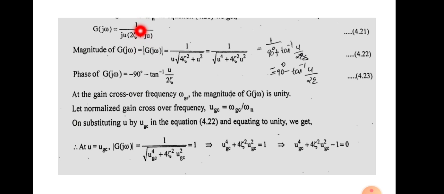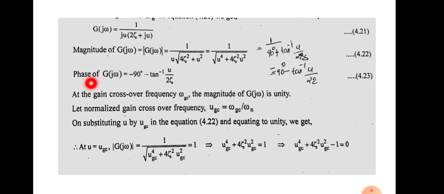So when a division term comes, the total phase angle will be equal to the phase angle at the numerator minus the phase angle at the denominator. So we are applying that equation here.